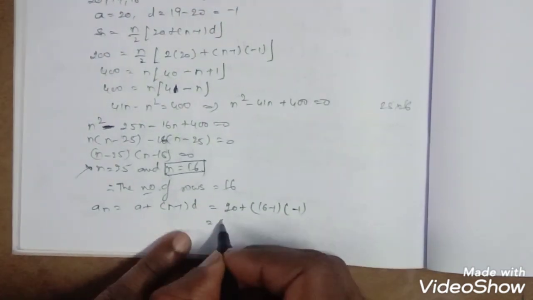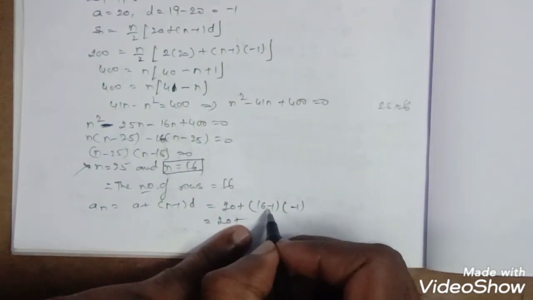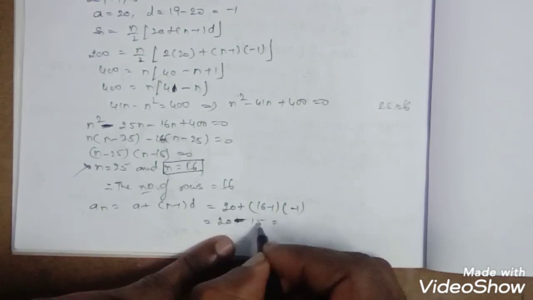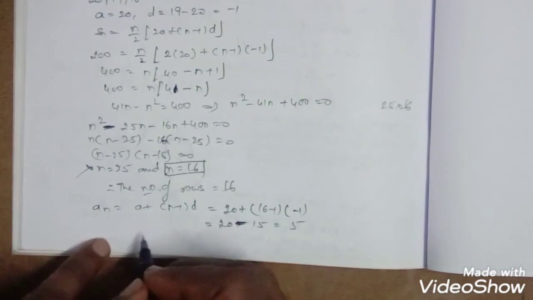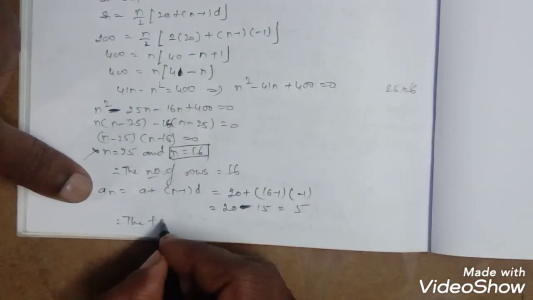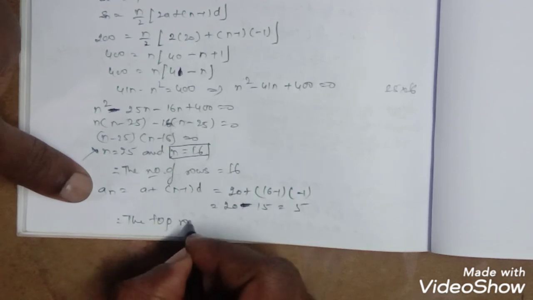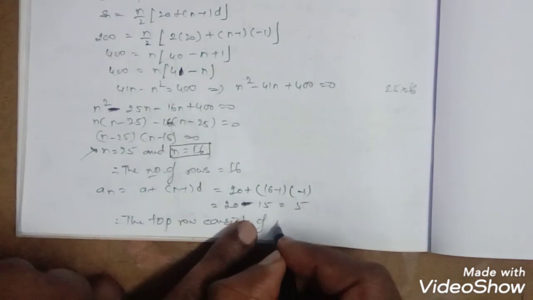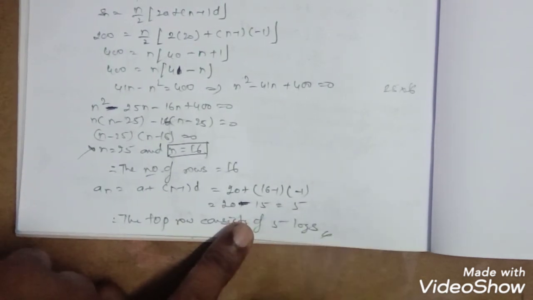Now here 20 plus 16 minus 1 is 15, minus into plus minus 15, so 20 minus 15 is 5. So therefore the top row consists of 5 logs, right?